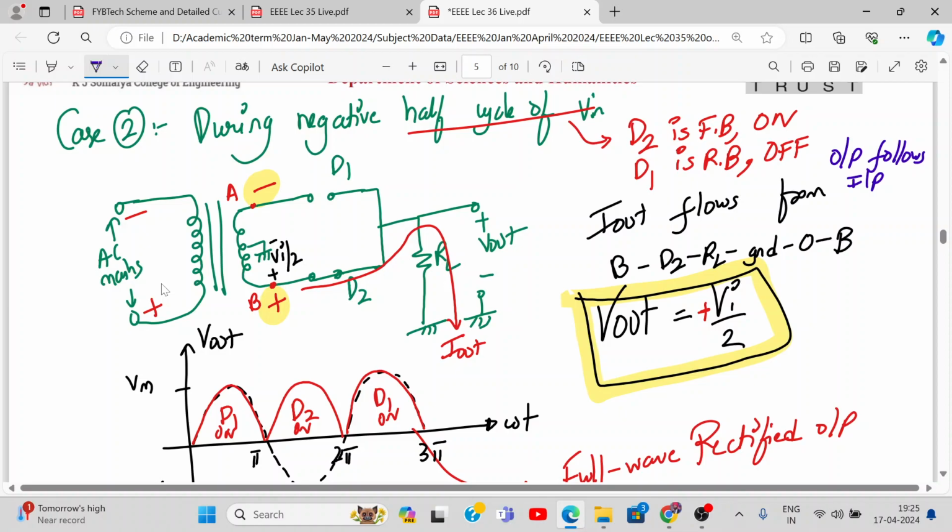Now tell me what VD1 is over here. VD2 will be 0, right? What about VD1? This is plus, this is minus. So minus Vi by 2, which is minus Vm again. Understanding? This is during the negative half cycle.